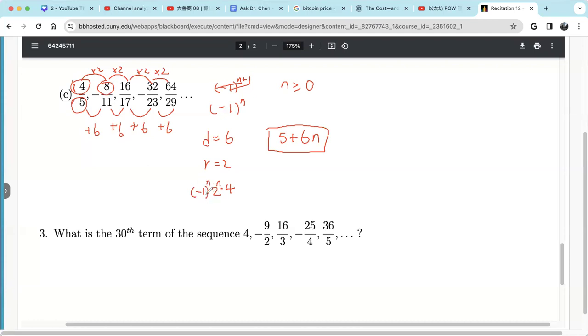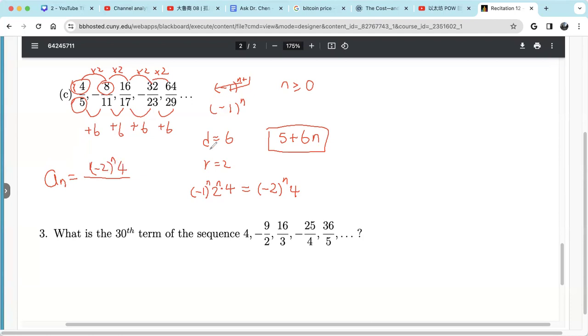So for the numerator, we have negative 1 raised to n and 2 raised to n. We can write them together as negative 2 raised to the n power, then multiply by 4. So now the general term in terms of n: the numerator is a geometric sequence, so let's write negative 2 up front, negative 2 raised to n, then multiply by 4.